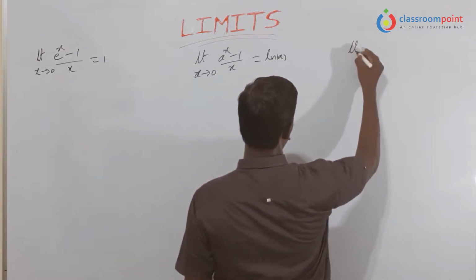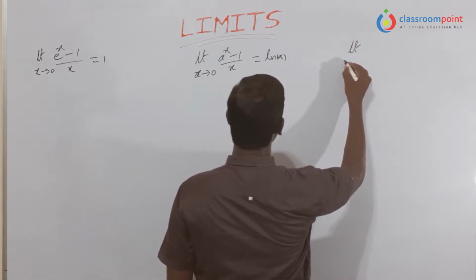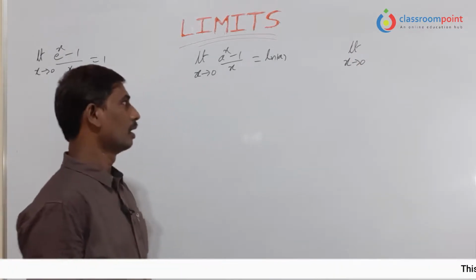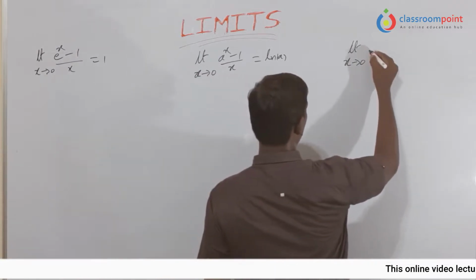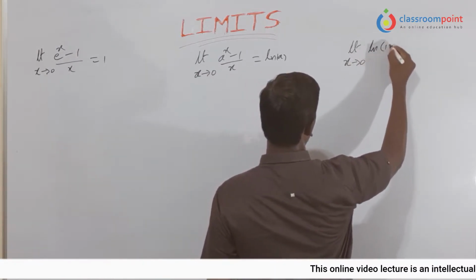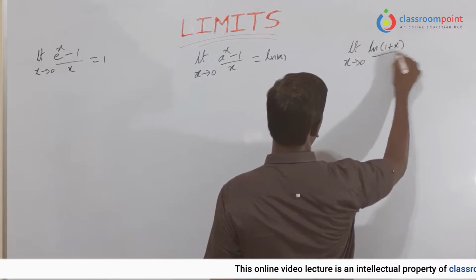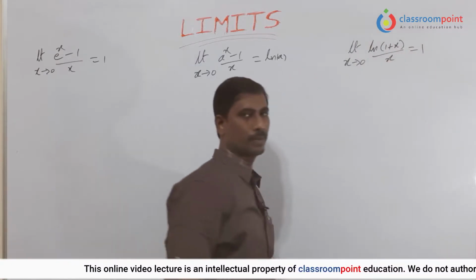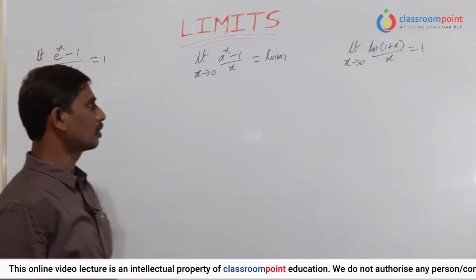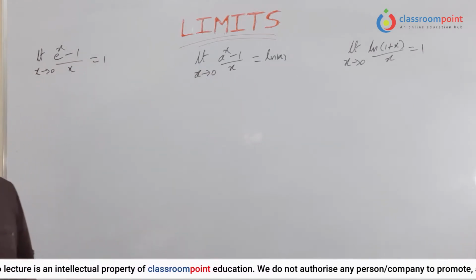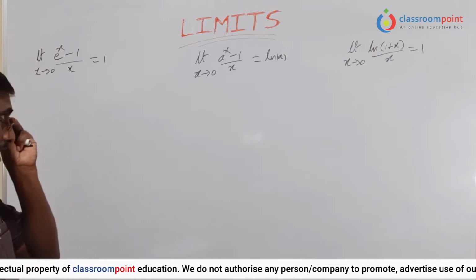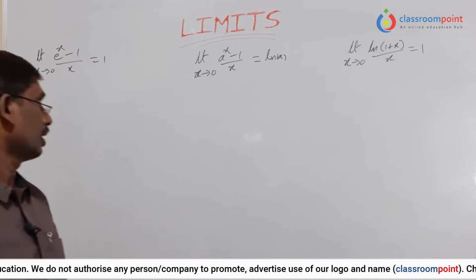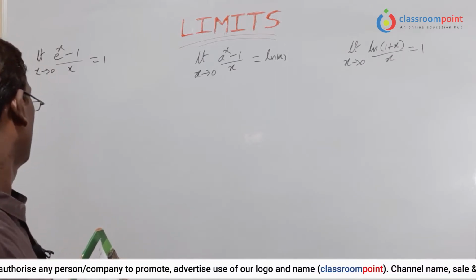Another one, limit x tends to 0, ln of 1 plus x by x is equal to 1. We have three standard forms. These are all standard forms, and by using formulas also we can say that. These are called formulas also.